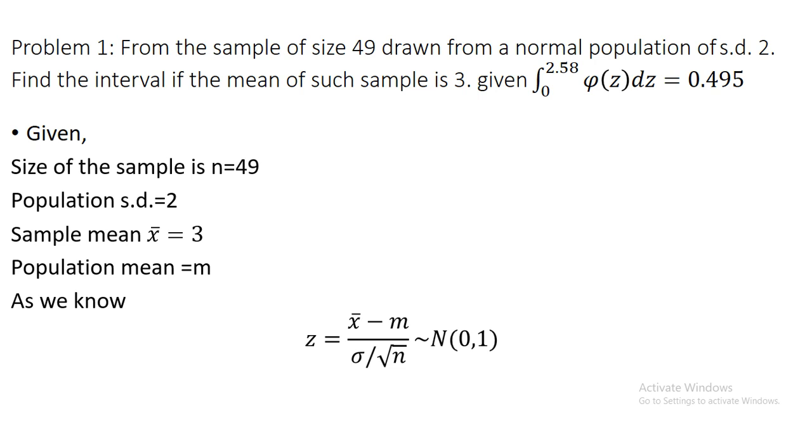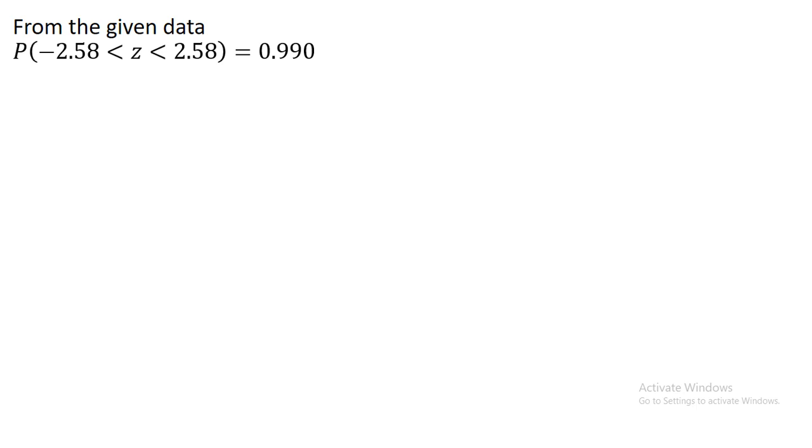So from minus 2.58 to plus 2.58, what will be the total area? The total area becomes 0.495 plus 0.495. One portion has been given to you. That is why we can write that from minus 2.58 to plus 2.58, for the standard normal distribution, the total area under this curve will be 99%.